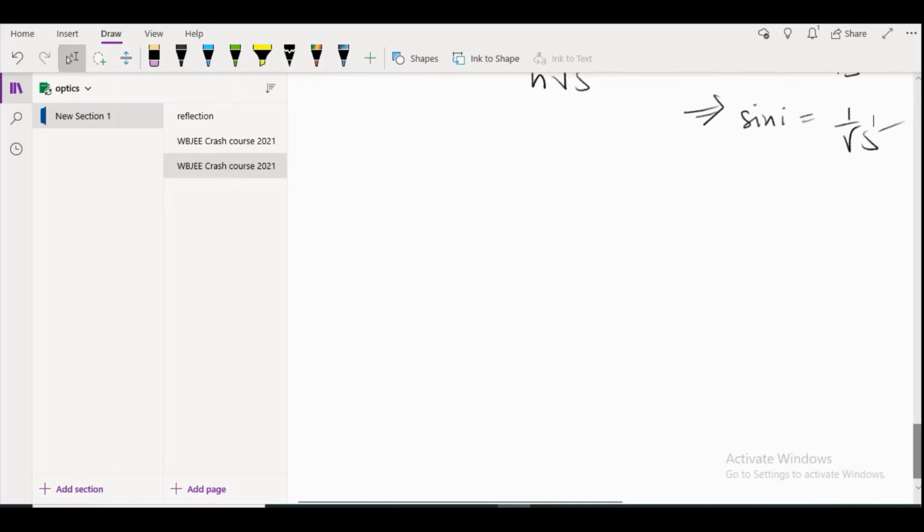Now substituting the values of R and I in equation 1, very simple, which is n into sin I, which is 1 by root 5, so n times 1 by root 5 equals 1 into 1 by root 2.